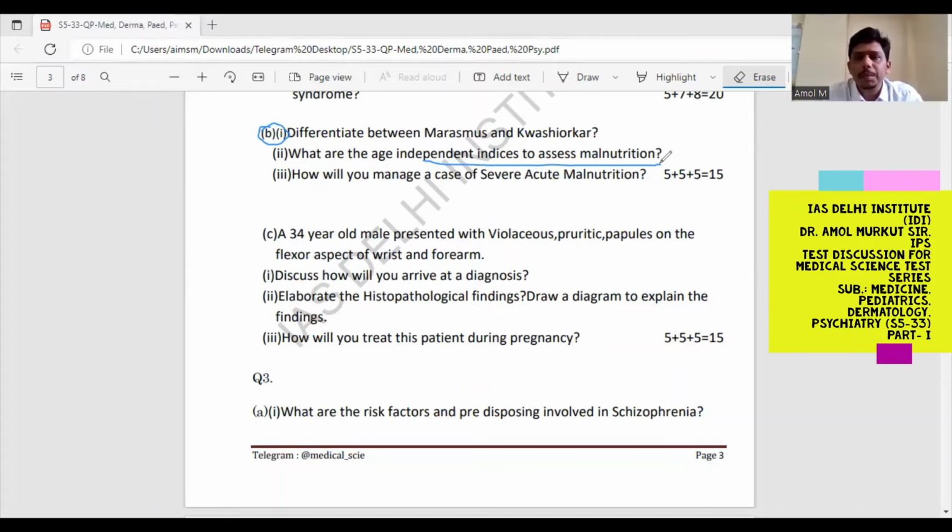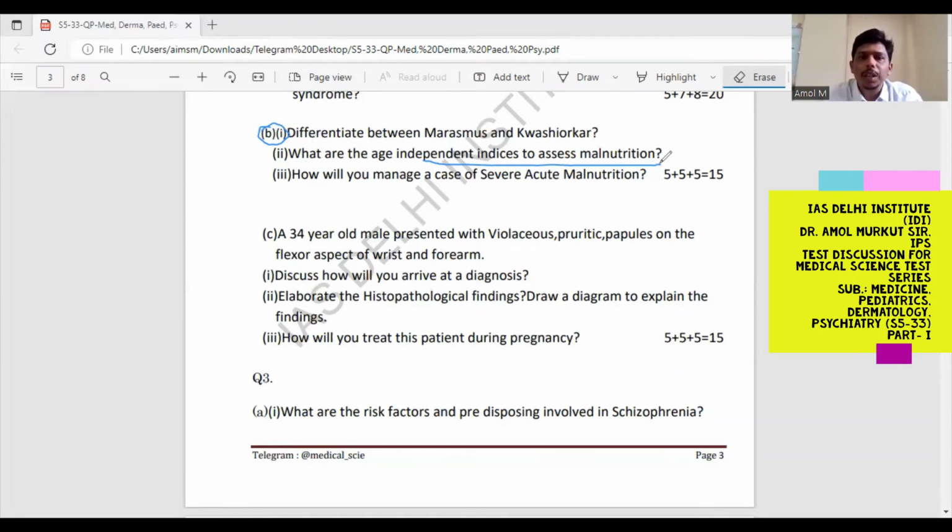So the Shakir tape method or the Bengal method are all variations, or methods, of measuring the mid upper arm circumference. And the other is triceps skin fold thickness. These are the only two age-independent indices.